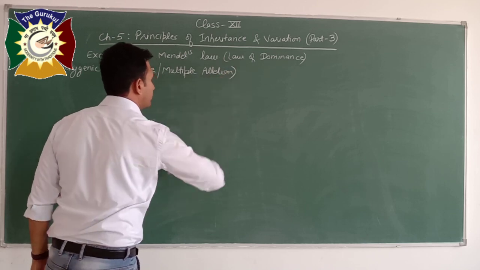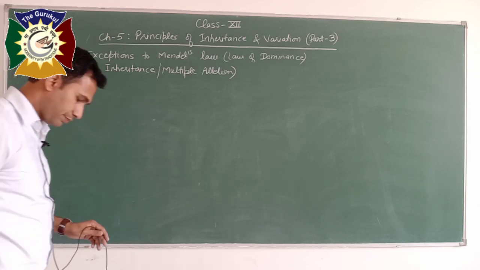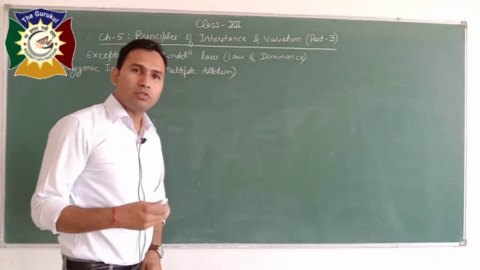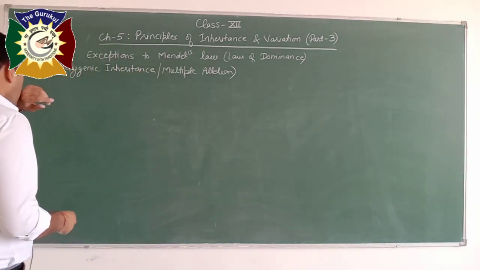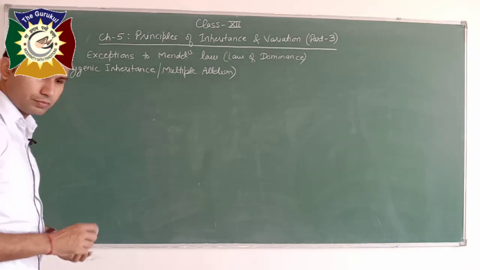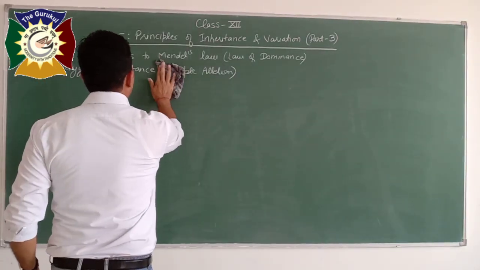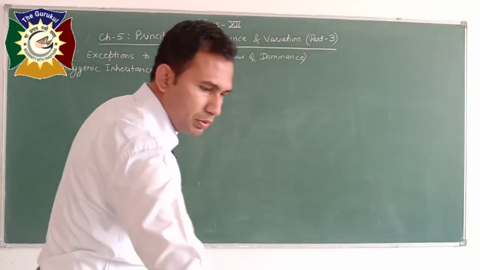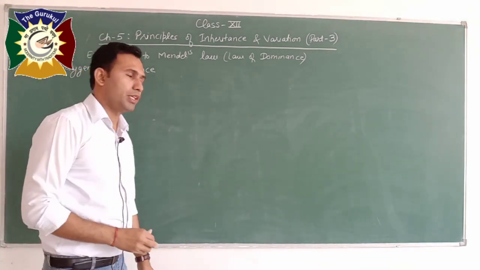As the name suggests, there are multiple alleles which are going to regulate a single character. Sorry, it should not be multiple allelism. Multiple allelism can be written with codominance because the single I gene has multiple types of alleles, more than one.